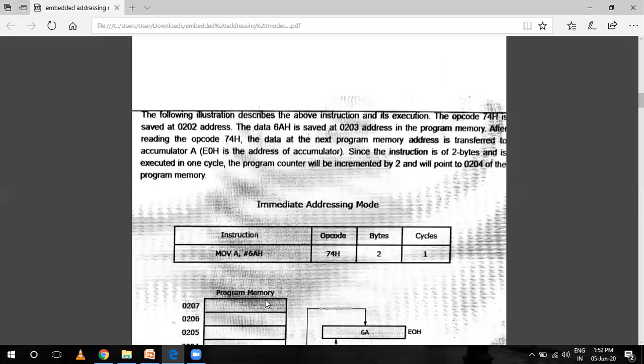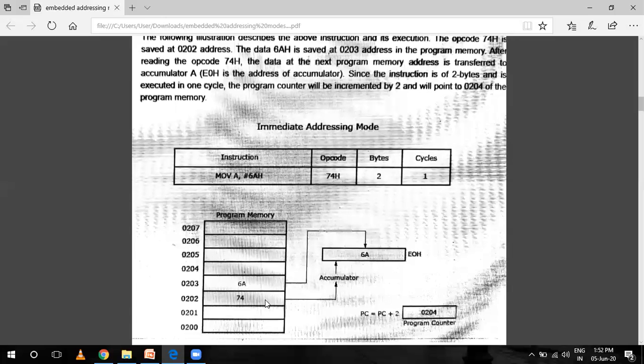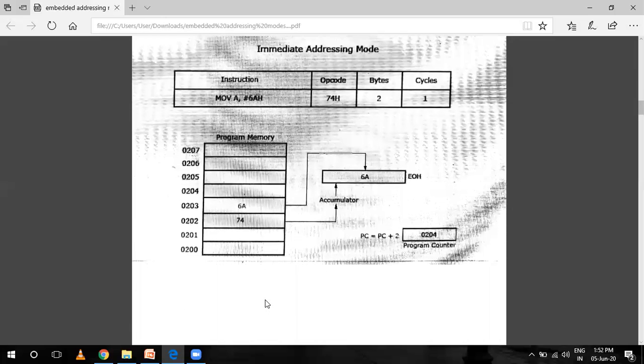Basically जो हमारी एक instruction है MOV A, #6AH having opcode 74h, bytes 2 and cycle 1. So this program memory contains the opcode 74 at 0202 and 6A at 0203, and this 6A goes into the accumulator and the program counter is incremented by 2.